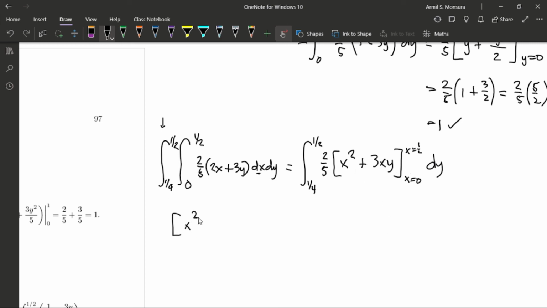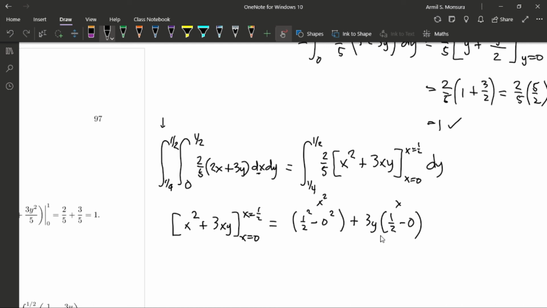Okay, so x squared plus 3xy, x equals 0, x equals 1/2. So equal yan sa 1/2 squared minus 0 squared. Okay, plus 3y multiplied to 1/2 minus 0. So ito yung x squared eh. Okay, this is x squared. Ito yung x niyo. Okay, so 1/2 squared minus 0 squared is 1/4.